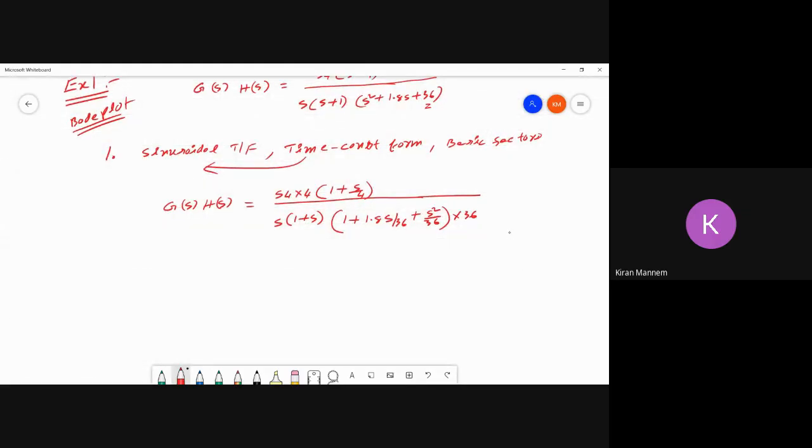G(s)H(s) would be 6 into (1 plus s by 4) by s into (1 plus s) into (1 plus 0.3 into s by 6 plus (s by 6) whole square), right? So this is the time constant form.